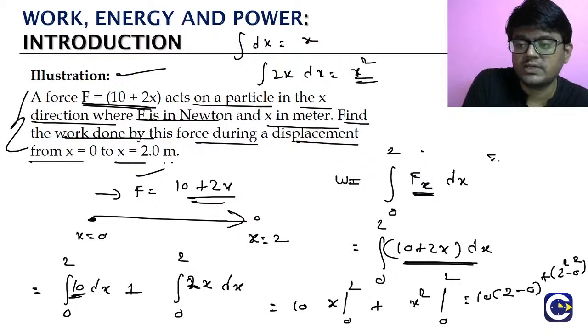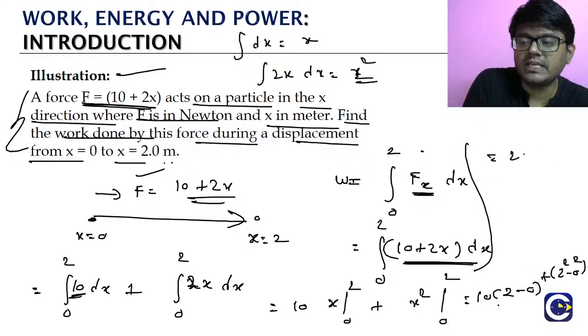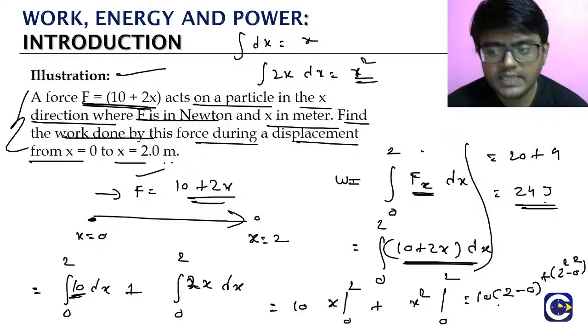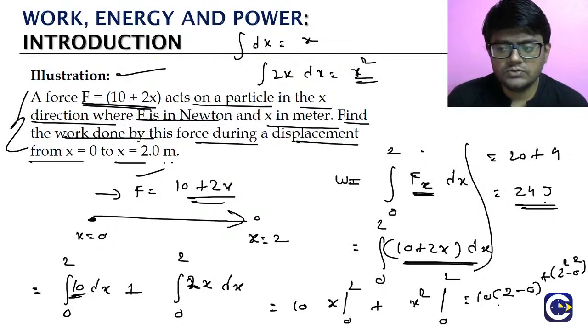Look, what total do we get? The final answer we are getting: 10 into 2 is 20, plus 2 square is what? 4. So we get 24 joules.